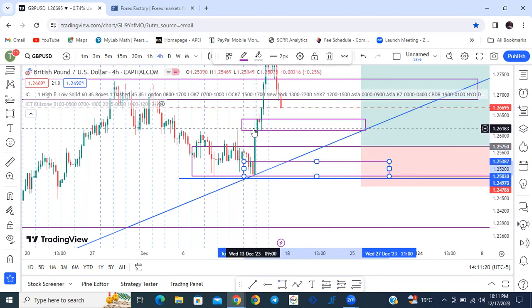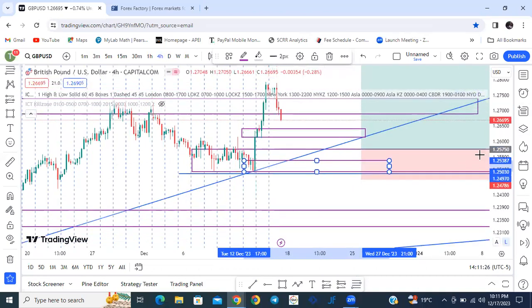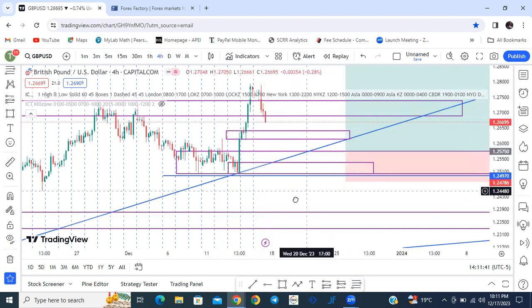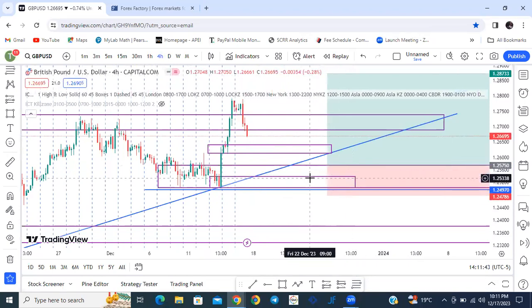How do you identify a high probability demand level? There has to be a break of structure, which happened here, and then the price has to move strongly from the demand area. So there are higher chances that the price might come all the way to this level.